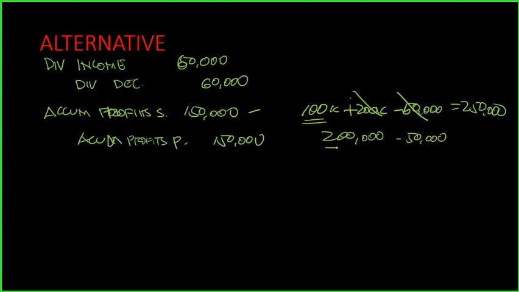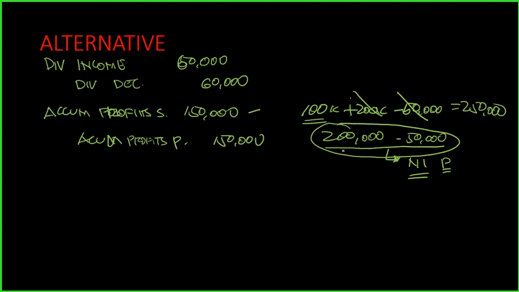And this one should go to the net income of the parent. But because they're using the cost method, hindi po ito pumasok. Okay? It was not included in the parent's net income last year. Okay, that's why we are including it now. This is the parent's share in the net increase in the subsidiaries' accumulated profits.